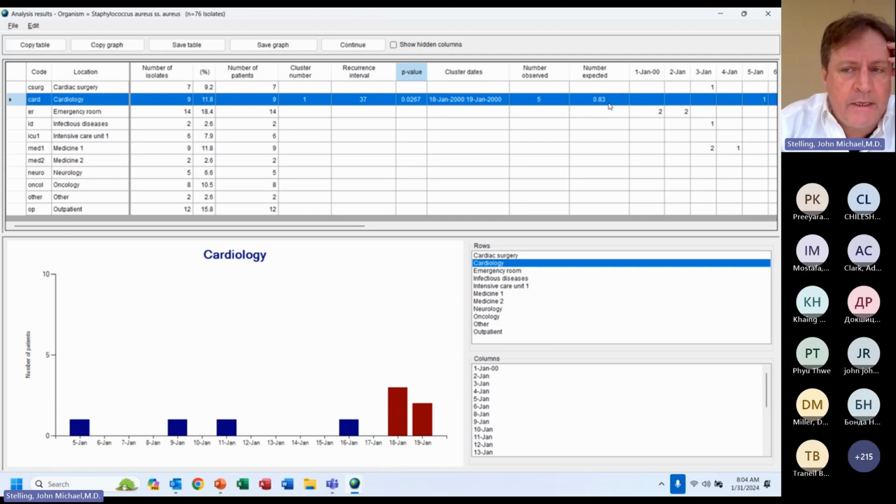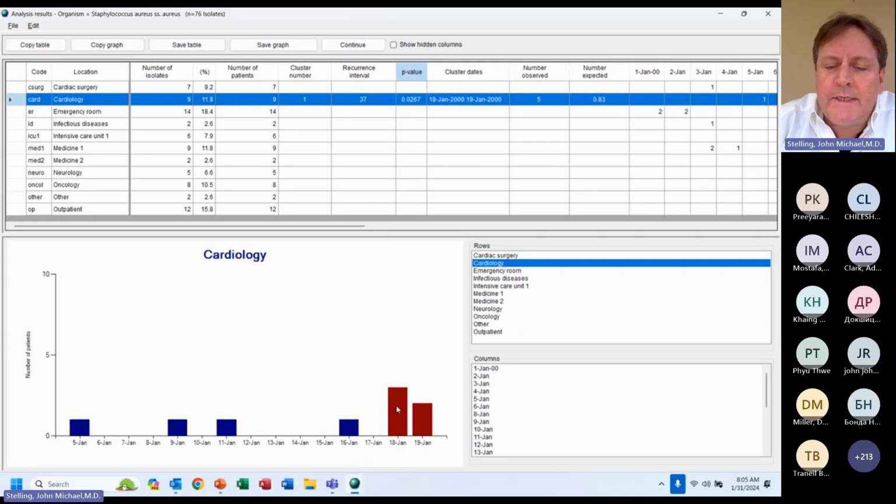This is not calculated like a chi-square, but the principles are very similar. We observed 5 people, but if we take the averages, we would only expect 0.83. And on the basis of the ratio of the observed to the expected, SaTScan is giving us a p-value of 0.0267. Well, to be more precise, it's using Monte Carlo simulations, but the idea is similar to the way you would do this for a chi-square.